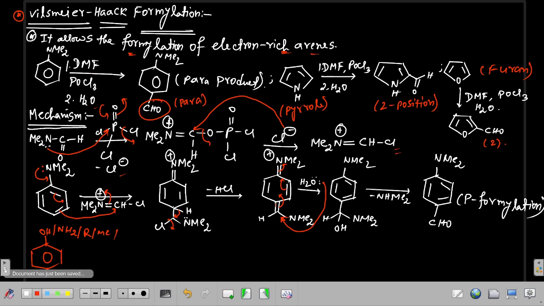So it will form NMe2 and here OH. Next, from here, OH will be present like this, this bond will break and this bond will break, so it will leave this amine, NHMe2, and here it will form this para-formylated product, the aldehyde.